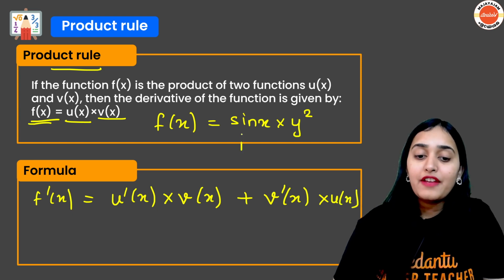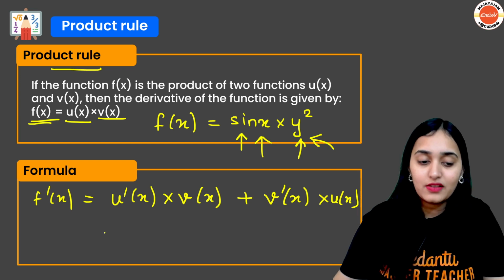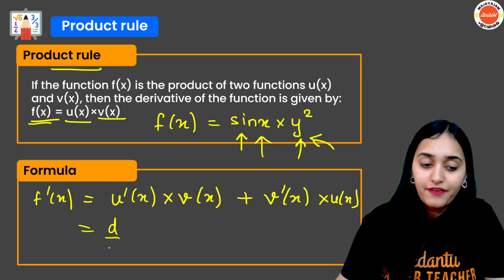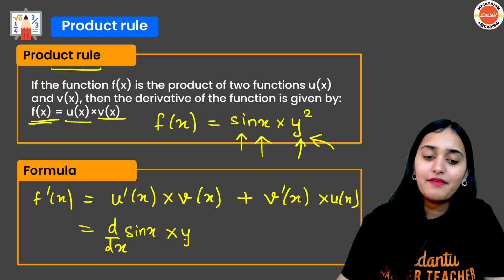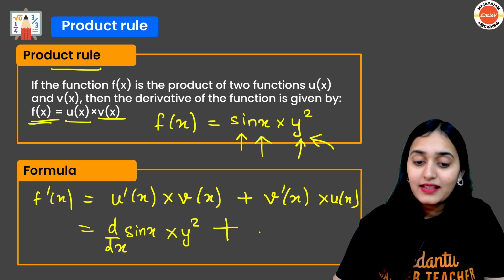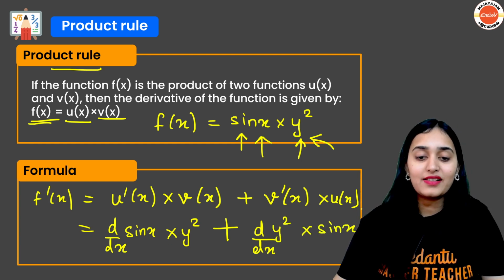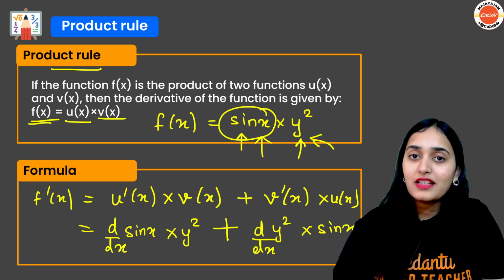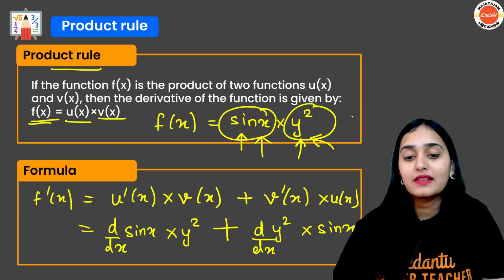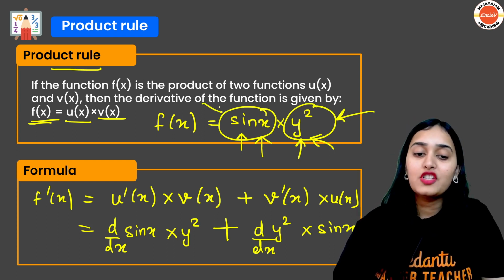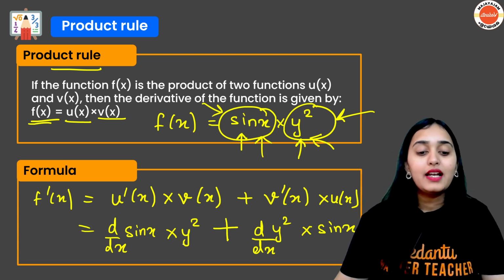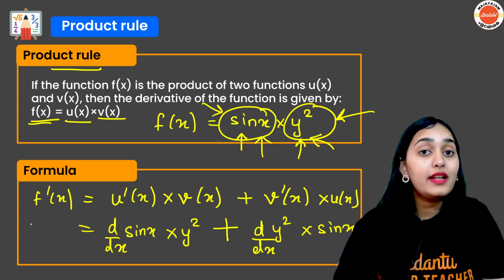It means differentiate this, multiply this, differentiate this, multiply this. So first it will be differentiating sin x, multiply x square, plus differentiate x square, just multiply sin x. Okay. So if you are differentiating this, just multiply this. Then you differentiate this, just multiply this. Okay. So this is how you apply product rule.